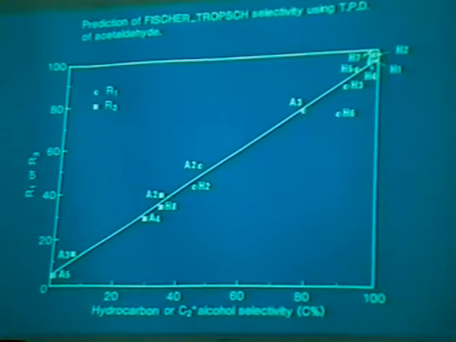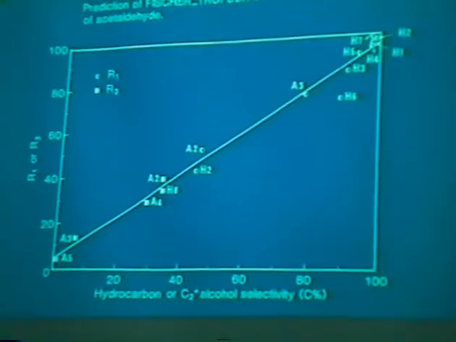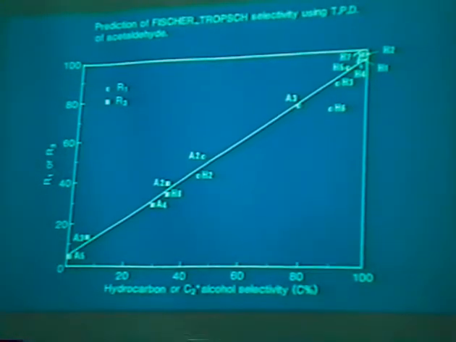We can see on this plot, really, that we can put all the points I've just mentioned in the table on the same line, ratio R1, which figures the hydrocarbon selectivity on the catalyst.